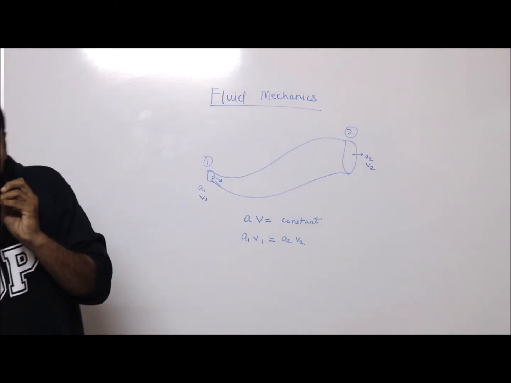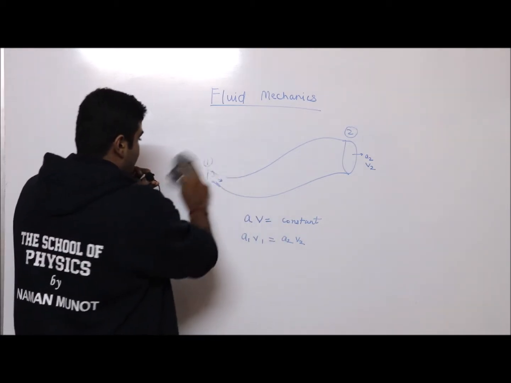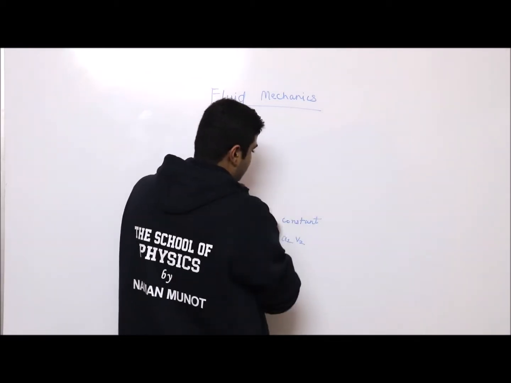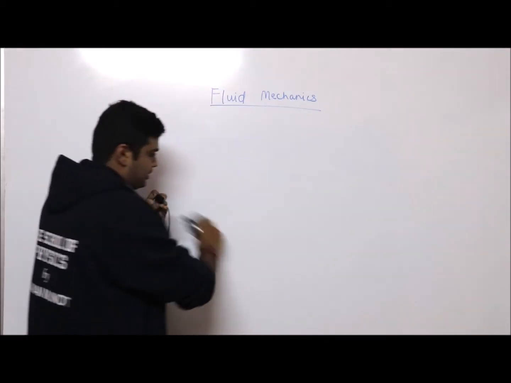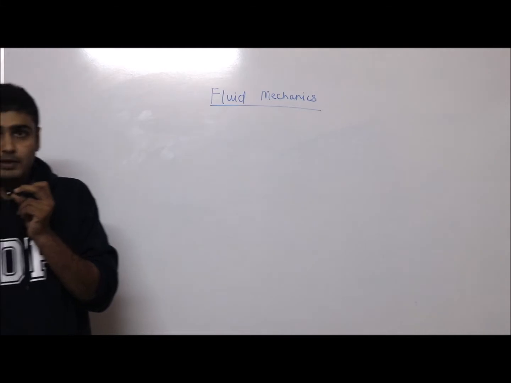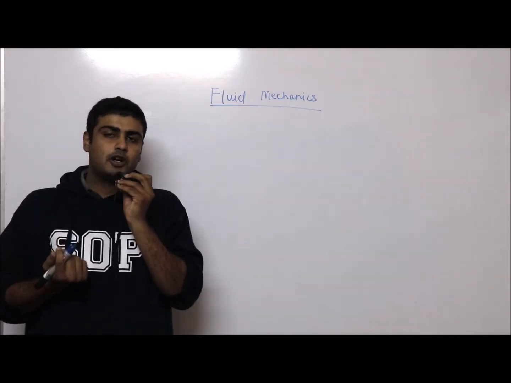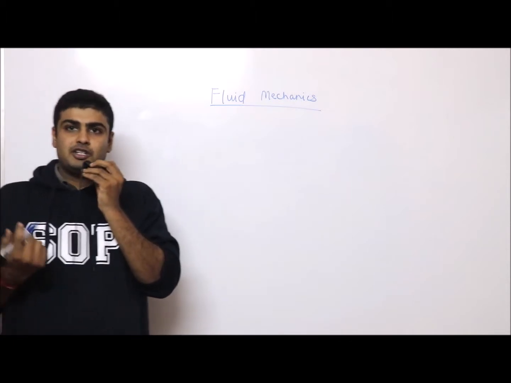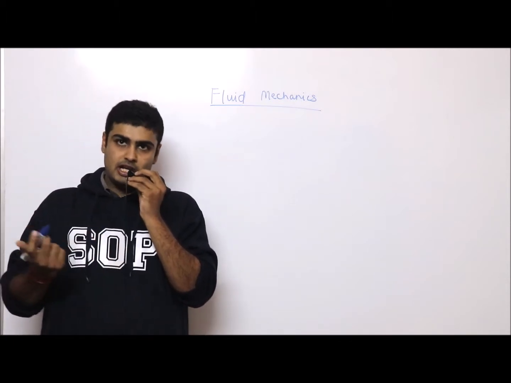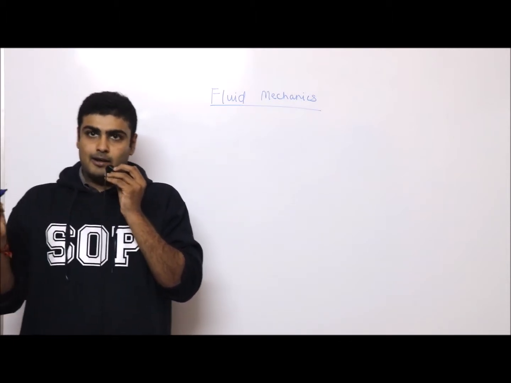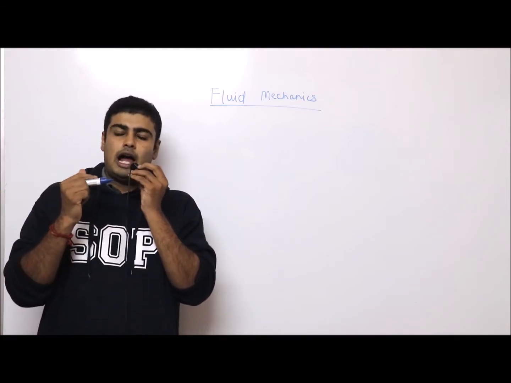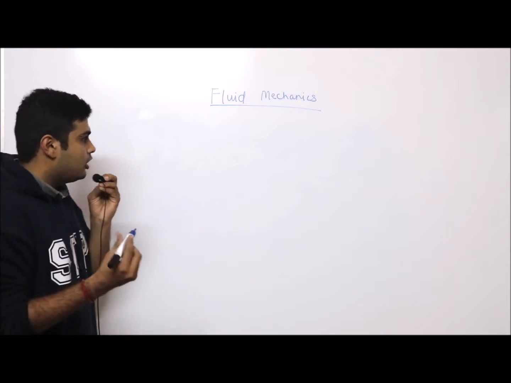Okay. Now the next thing that we are going to see is Bernoulli's equation. As we remember, the term for kinetic energy is half mv square, and the term for potential energy is mgh. Rather than m, we'll use rho here, and then we'll also have an additional term called pressure.